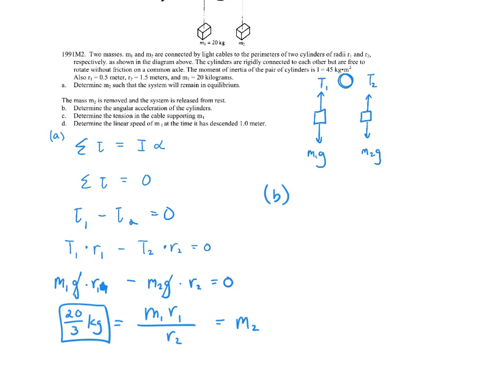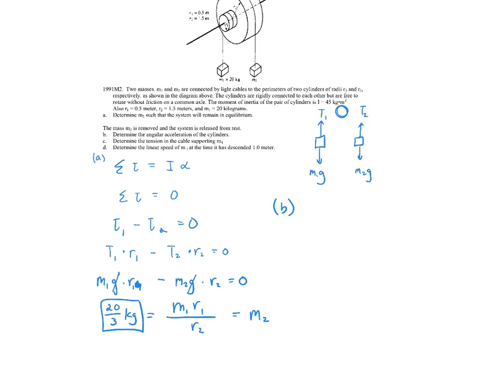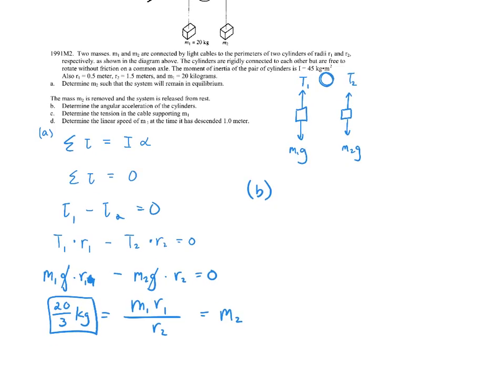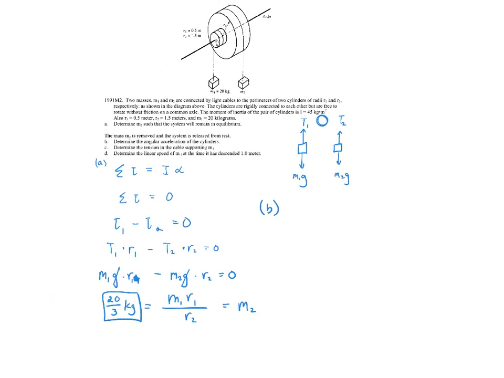So for part B, M2 is now removed. That's fine, so we can drop that from our diagram. So now all we have is M1 acting, and M1 is acting at a distance R1. So visually we can see that if we just go up to the diagram and think about, okay, this is now gone, that's not there anymore. But the overall I value is still the same.